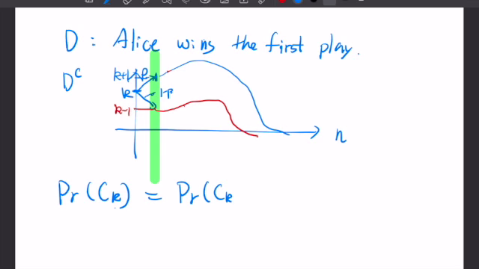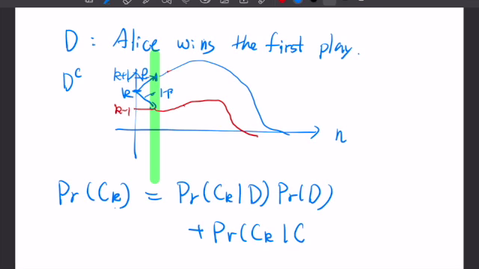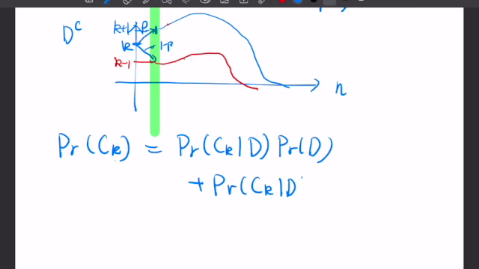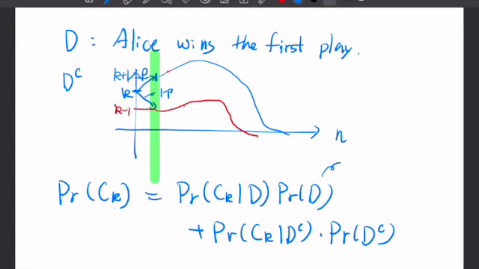One is the probability of ruin given that the first play was won, times the probability of a win, plus the probability of ruin given that the first play was a loss, times the probability of a loss. Okay, so this is first win, and this is first loss.